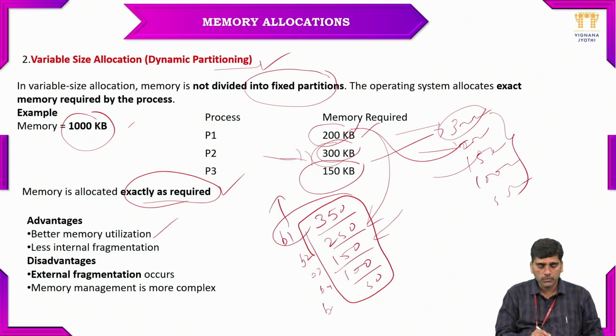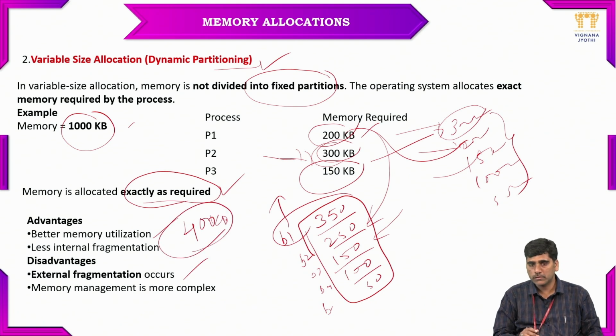And the disadvantage is what? External fragmentation occurs. What is meant by external fragmentation? Suppose a process comes with a size of 400 KB, and no block is available with 400 KB, but all blocks together have more than 400 KB.